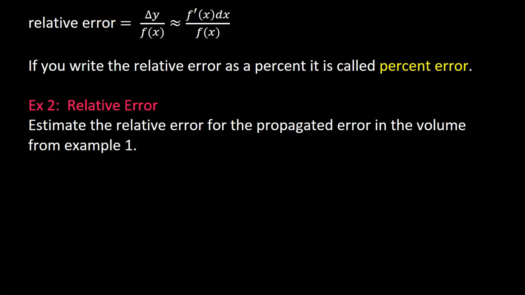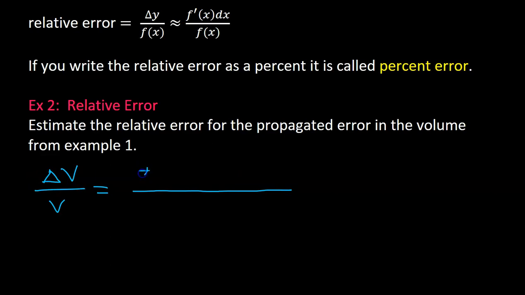For example 2, let's estimate the relative error for the propagated error in the volume from example 1. Using this formula, but instead of delta y, we had delta v. And so f of x will just be v in this case. In example 1, we already calculated delta v.